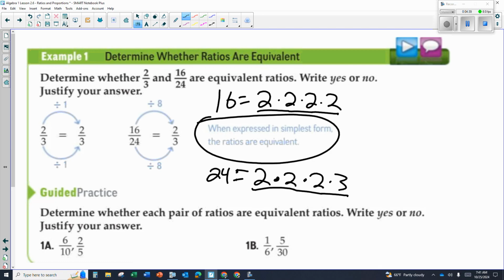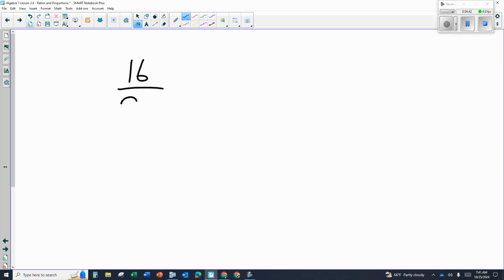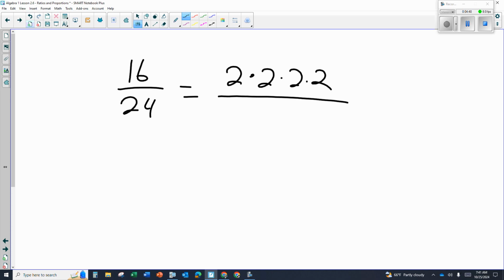Let me put that on a new page. So 16/24 is equal to 2 times 2 times 2 times 2 over 2 times 2 times 2 times 3.